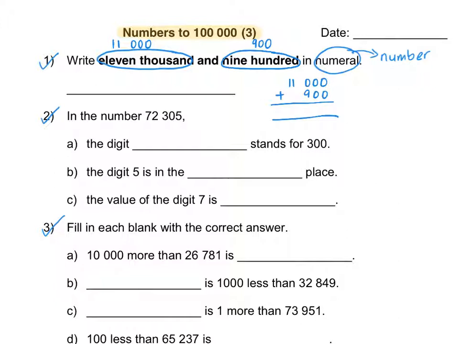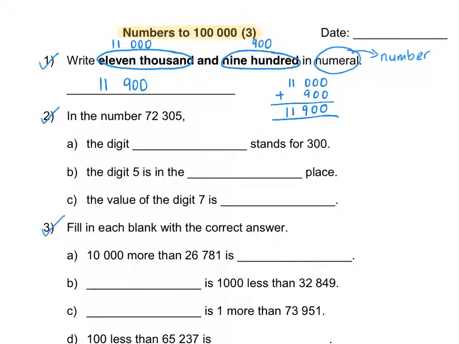We always start adding from the ones place. So 0 plus 0 is 0. 0 plus 0 is 0. 0 plus 9 is 9. 1 plus nothing is 1. 1 plus nothing is also 1. So my answer for question 1 should be 11,900. Did you get it correct?